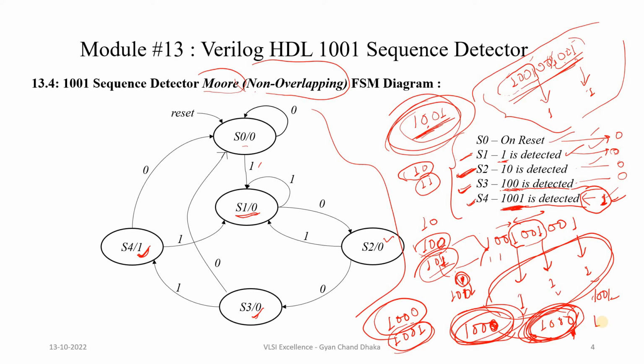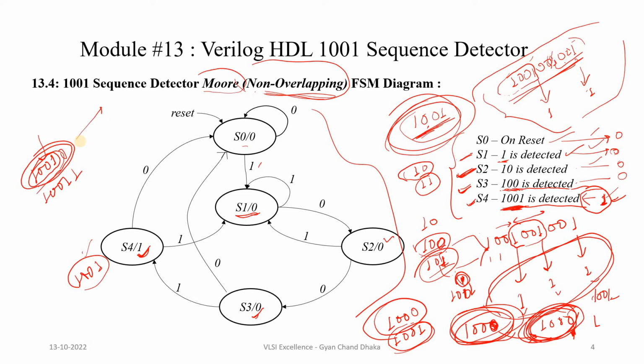Now when we are in S4 state, that means our sequence 1001 is detected. Now the next bit can be 0 and it can be 1. If the next bit is 0, and remember this is a non-overlapping sequence detector, none of these sequence bits are going to be part of our next sequence in the data stream.